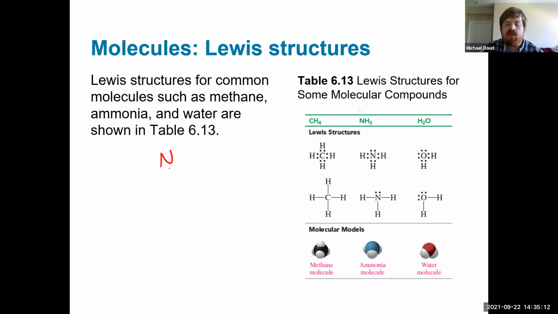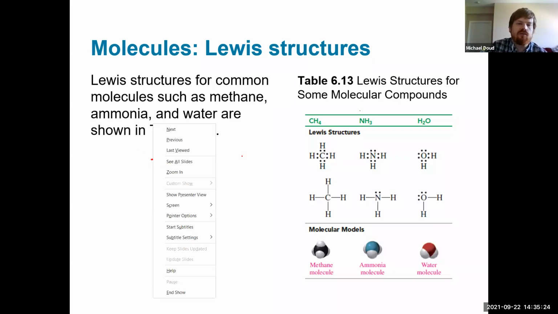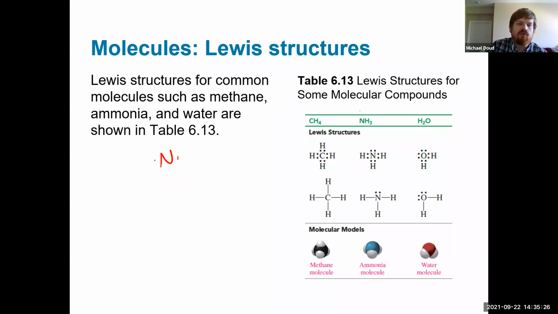So nitrogen, how many valence electrons does nitrogen have? Look at your periodic table. What group is it in? Group 5A. Group 5A, that means it has 5 valence electrons. So that's 1, 2, 3, 4, 5. Ammonia being NH3 here.